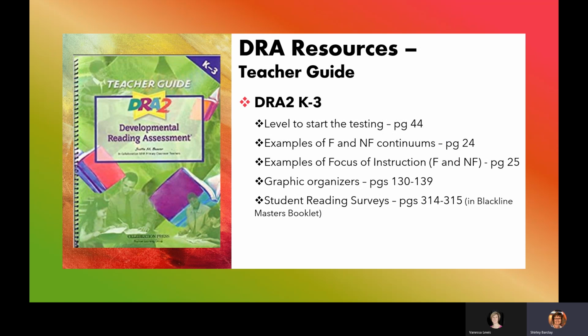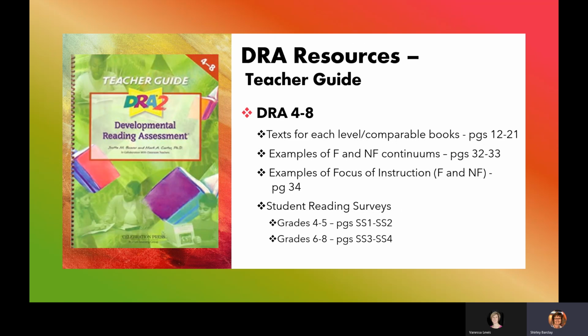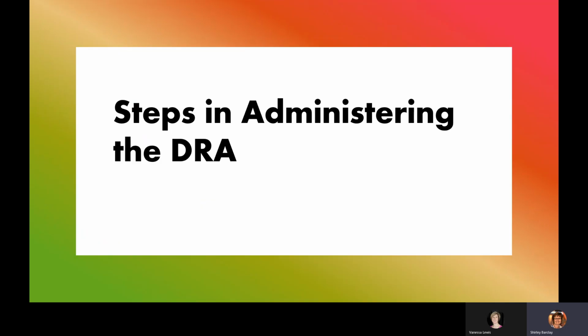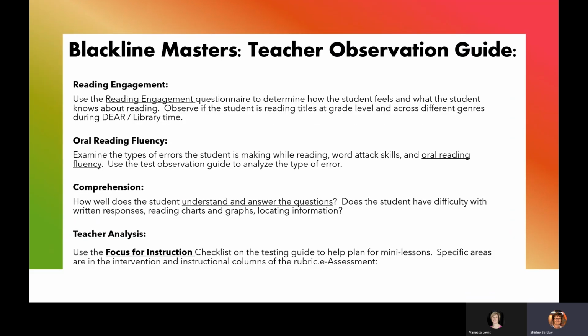The DRA Continuum helps to analyze the student level of performance in 3 main areas. The focus for instruction is for determining what the students need to learn next and helpful learning activities for the students. There's student booklets.